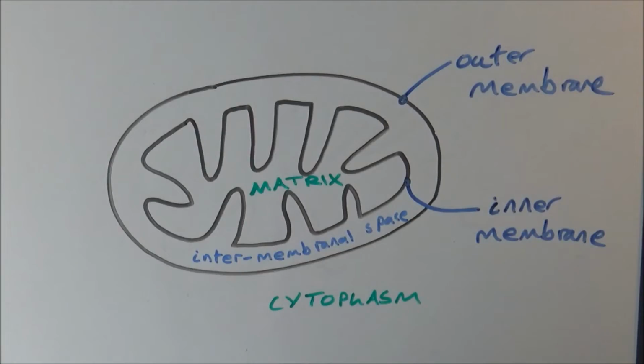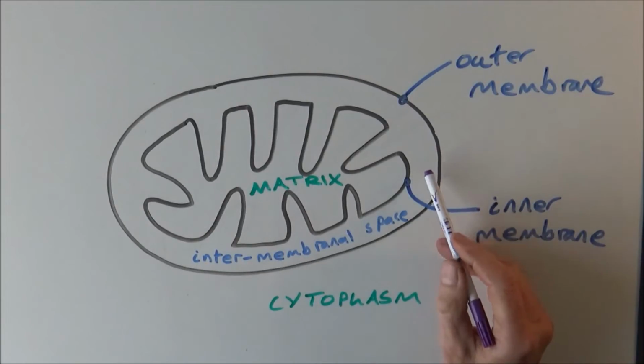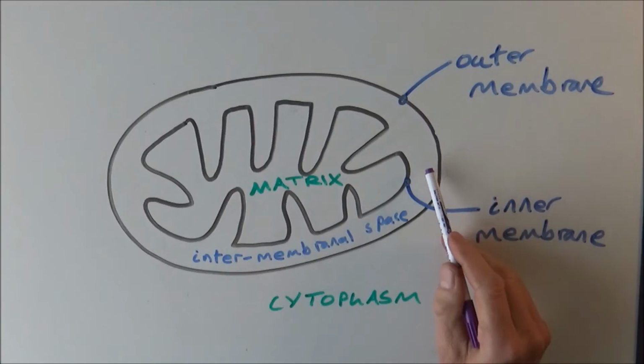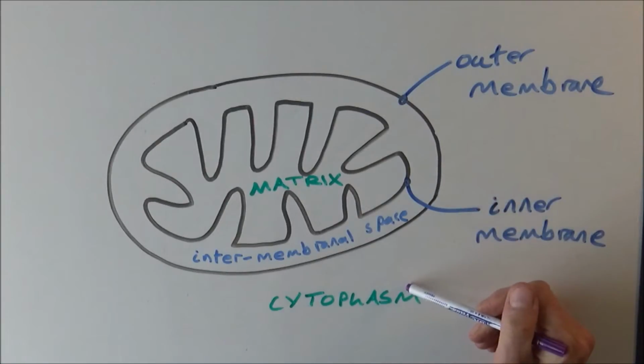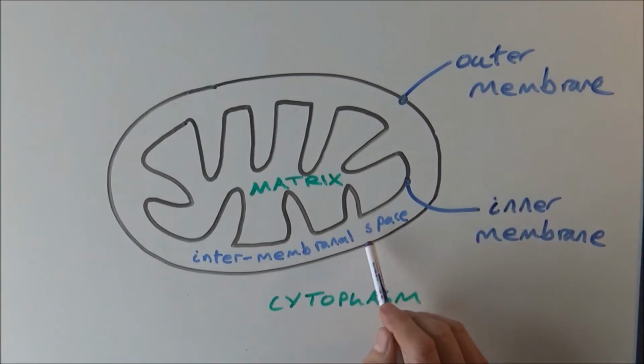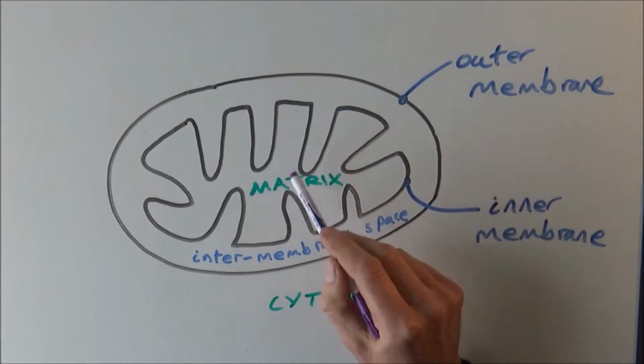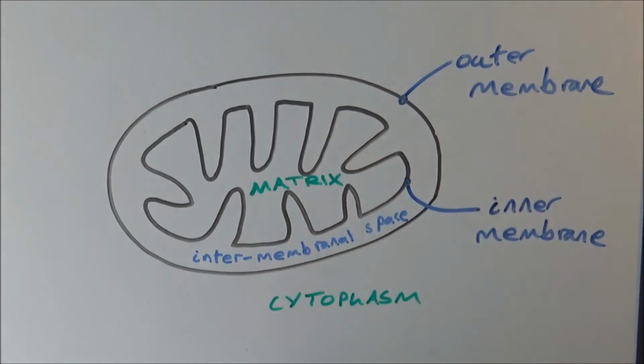Now is a good moment to consider the structure of mitochondria. So this is a diagram of a single mitochondrion. It has 2 membranes, an outer membrane which is relatively permeable, so molecules and ions can pass between the cytoplasm and the space between the 2 membranes, which is the intermembrane space, whereas the inner membrane is not as permeable as the outer membrane.